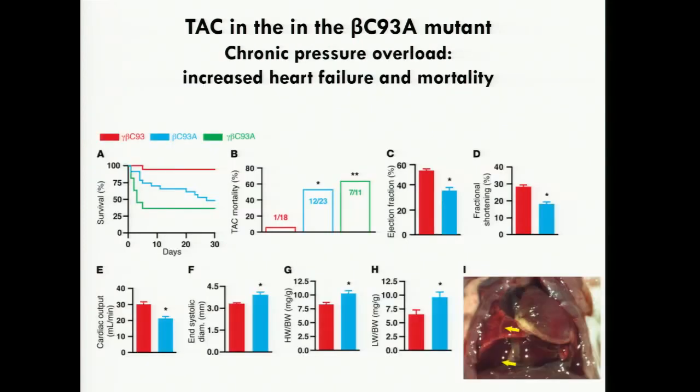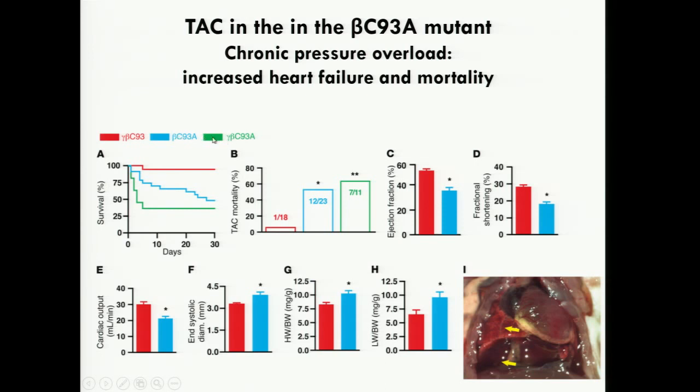Now let me show you that actually. You can see the edema grossly. This is the open chest of the mouse, and you can see the edema in the lung. This is basically what a congested lung looks like. Mortality was increased in the mutant mice. Again, these are two different forms of the mutant hemoglobin, but in each case the cysteine is replaced by an alanine.